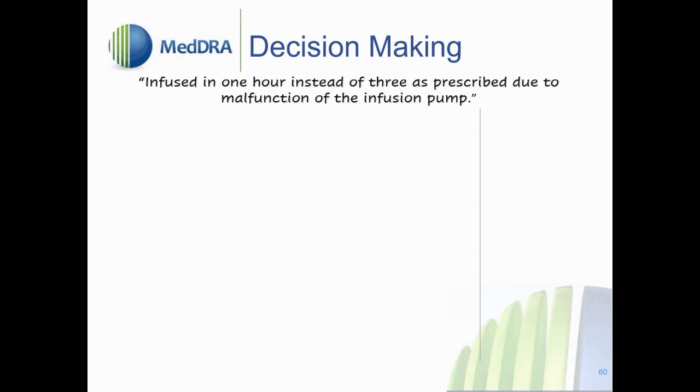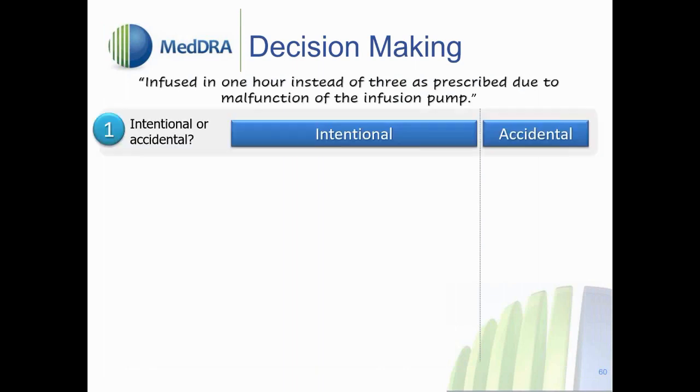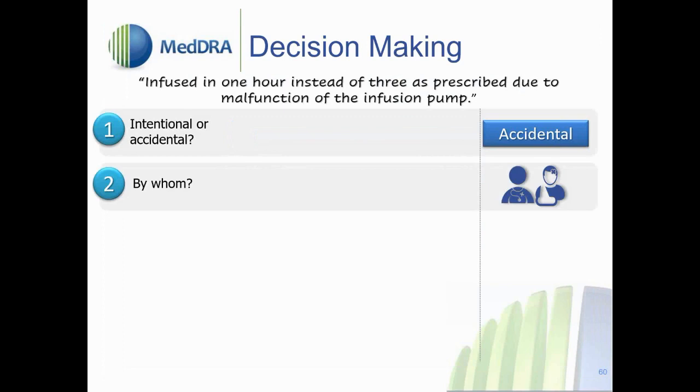And first, again, classify the event with our chart here. So was this intentional or accidental? It was, of course, accidental. The incorrect infusion rate was due to a malfunction of the infusion pump. We cannot say who caused it. The doctor or the nurse has installed the pump but did nothing wrong.